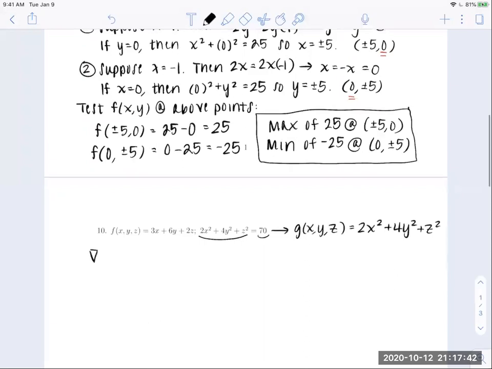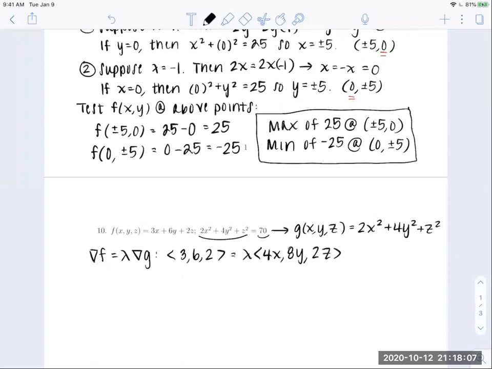The one equation we have in this section is that the gradient of f equals lambda times the gradient of g. So if we set it up, since f has all linear terms, our gradient is constant, 3, 6, 2, equals lambda times the gradient of g, which is 4x, 8y, and 2z.